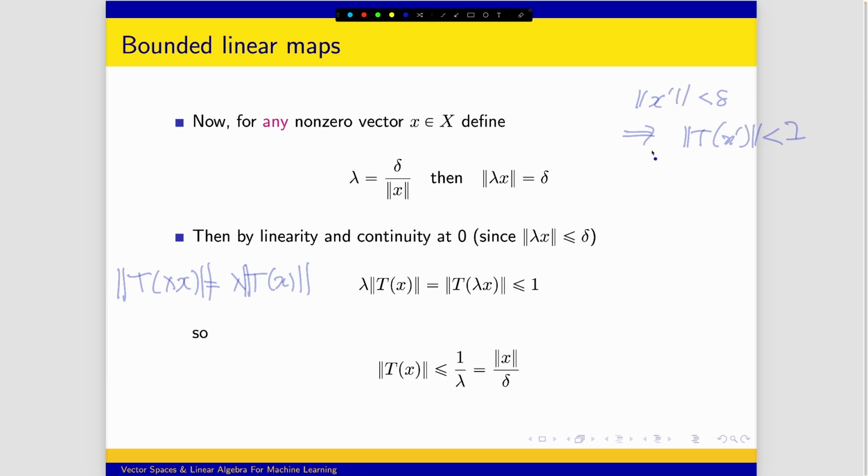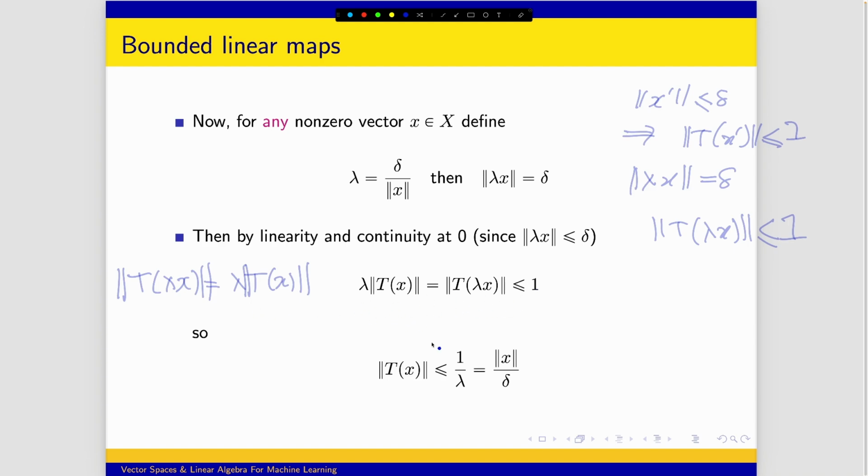So this is true for any x prime with norm less than or equal to delta. Now, lambda x has norm equal to delta. So it satisfies this condition, and therefore the norm of T of lambda x has to be less than or equal to 1, right? Which is the second condition. And this is equal to lambda times T of x by linearity.